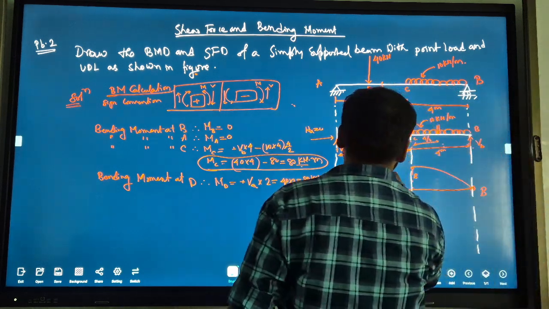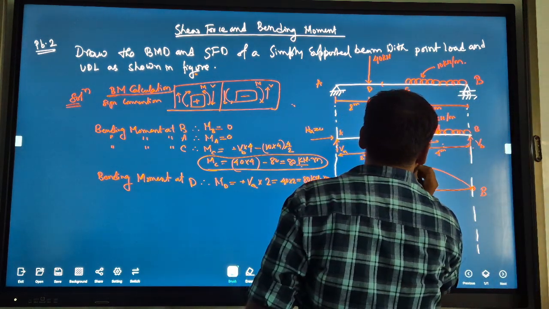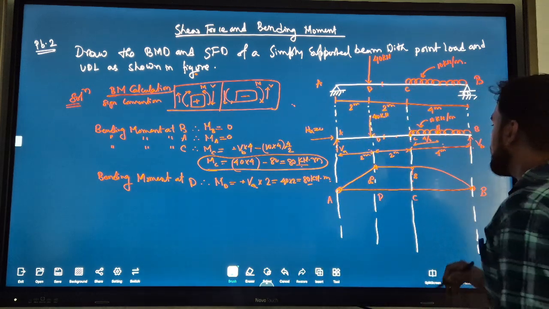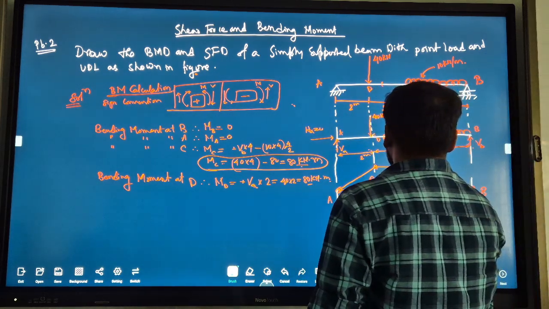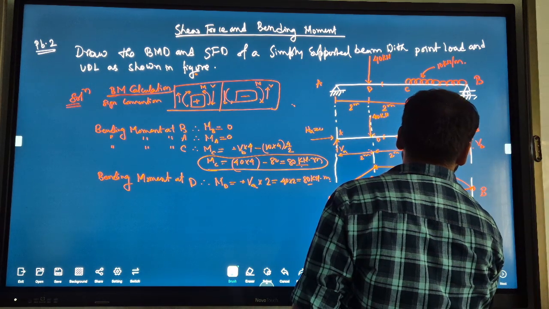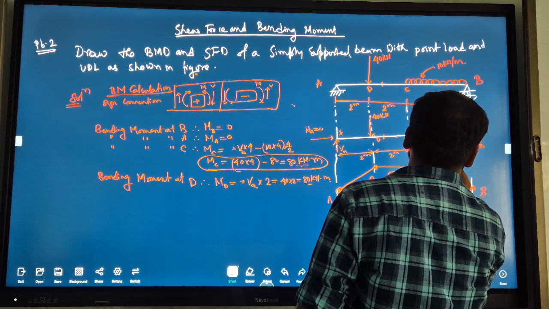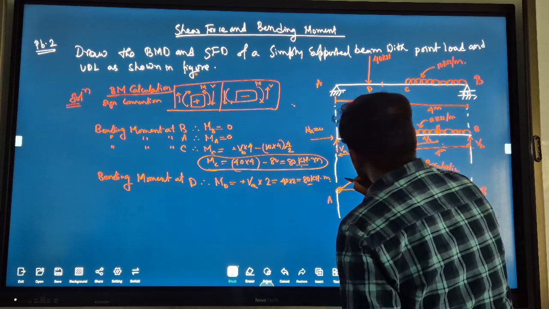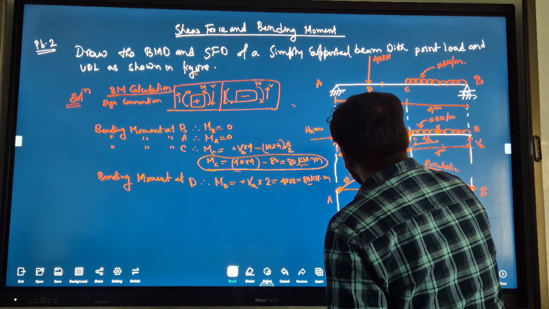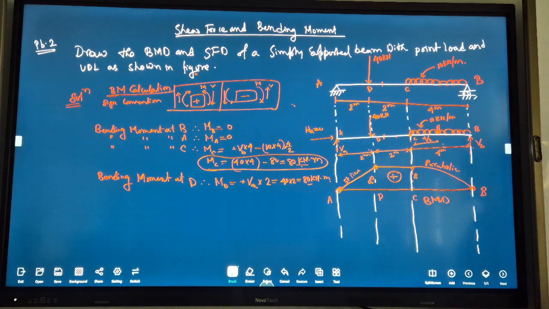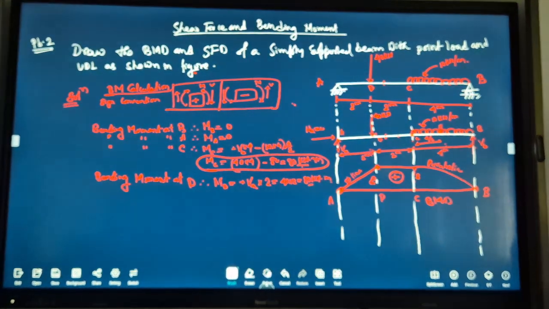So simply join. This is your bending moment diagram. Parabolic, straight line. Am I clear to everyone? I think there is no problem.